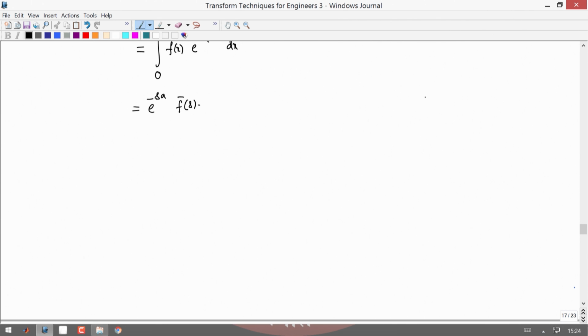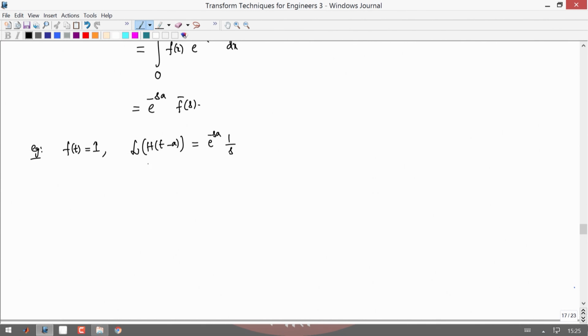Using this, we can easily see, for example, a simple example you can take, if f is a constant function, what is this one? So, you can see that Laplace transform of Heaviside function is simply, if f of t is 1, f bar of s is 1 by s, we know, and then e power minus s a, because we know that Laplace transform of 1 is 1 by s.